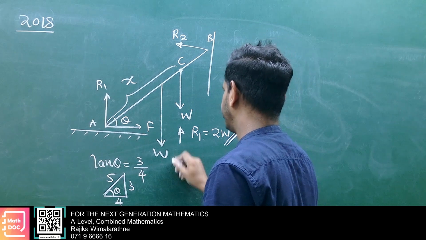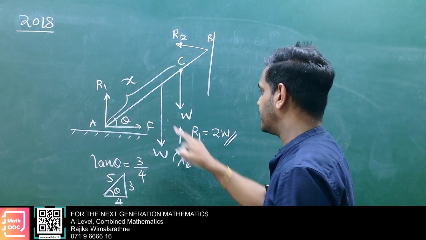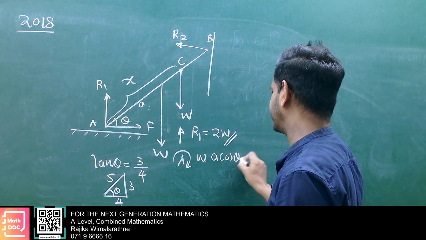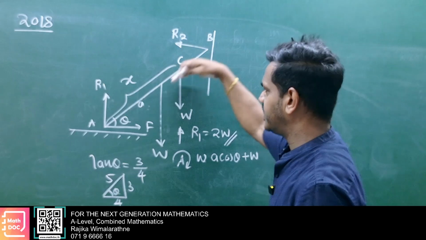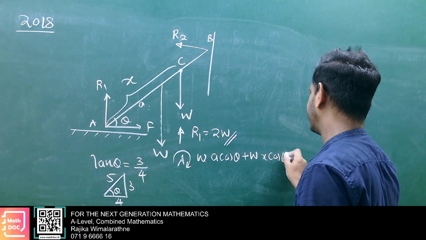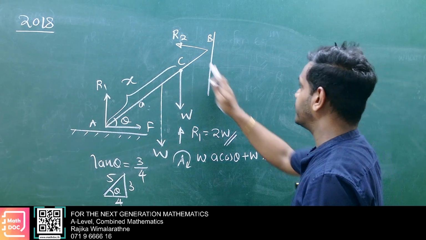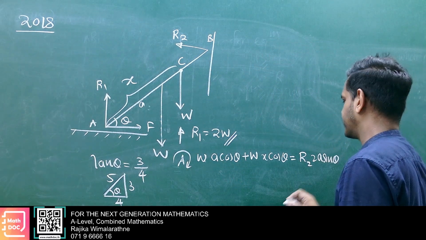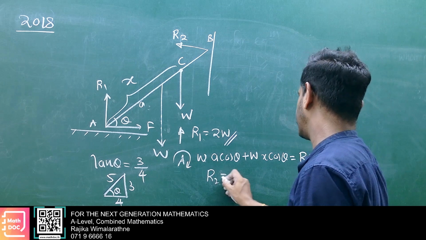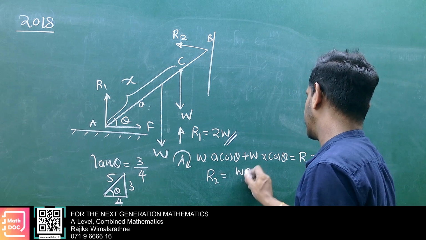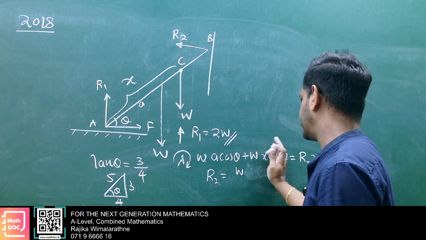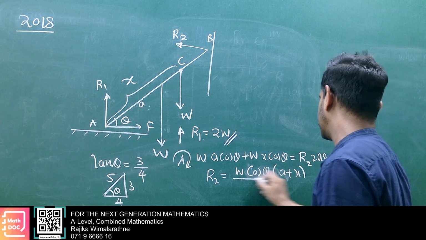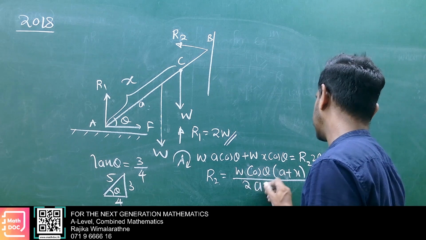Take moment about A. W, here A cos theta, plus W, here X cos theta, equals R2 times 2A sin theta. Then R2 equals W cos theta, A plus X, divided by 2A sin theta.